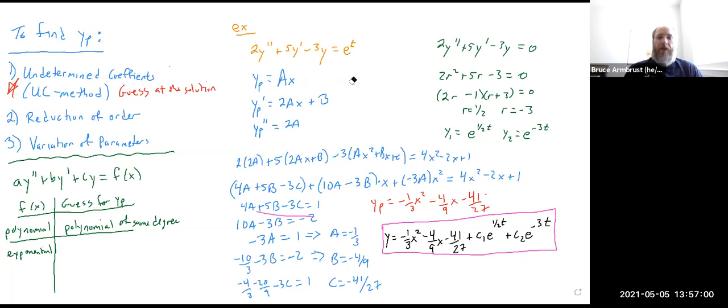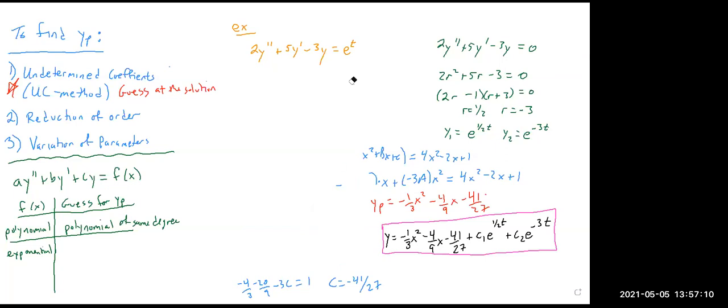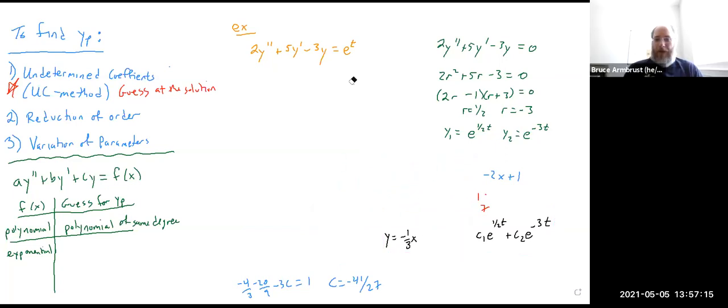Since polynomials, their derivatives are polynomials, you never get something exponential. So what would you think would be a good guess now for a form? Something exponential. I think that's a really good guess because when you differentiate exponentials, you get more exponentials.